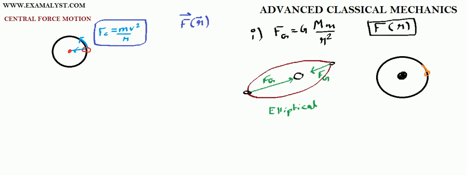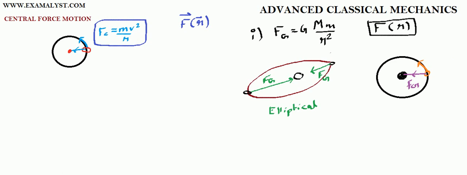This can also happen. Now look at this part clearly. The force of gravity again acts radially towards the center. This is my Fg. This force of gravity, which is the centripetal force, is responsible for keeping this planet on the circular track. Agreed?